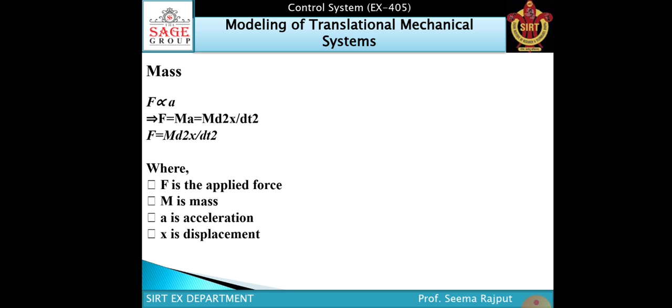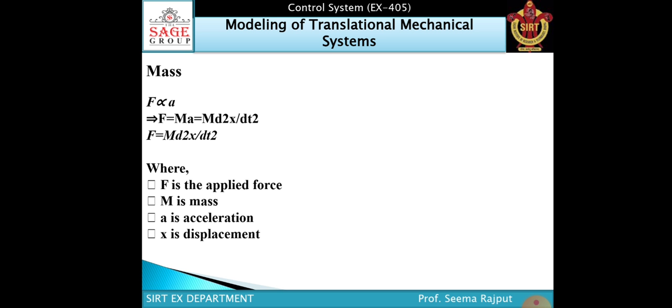Okay, so the formula used for mass is F proportional to a. So F equal to ma, force equal to mass into acceleration, and we have to define the acceleration in d square x by dt square form. So the formula of mass in the form of force is F equal to m d square x by dt square.